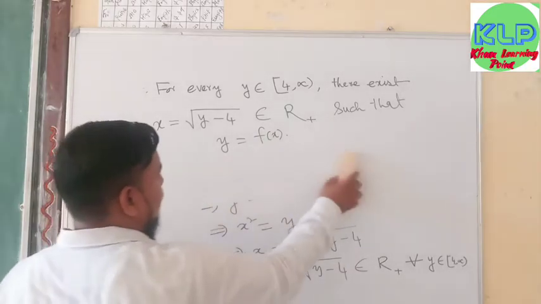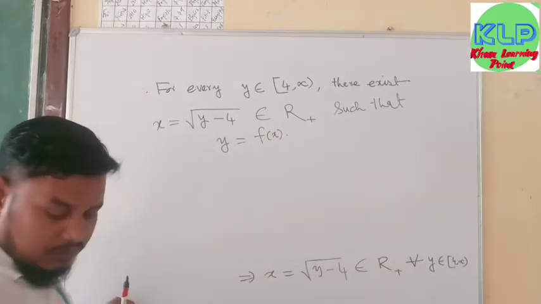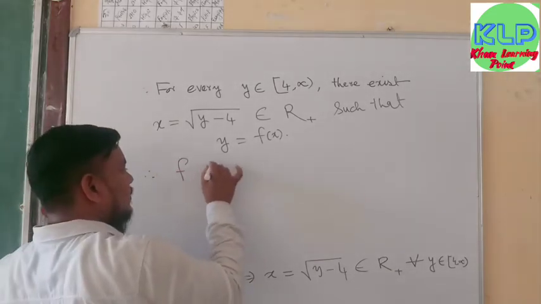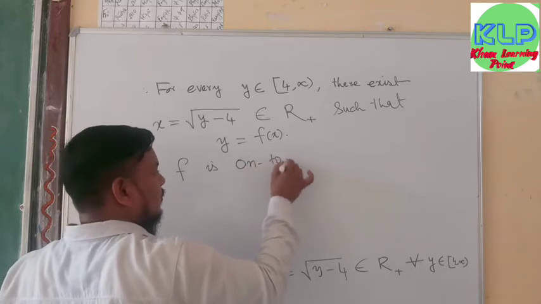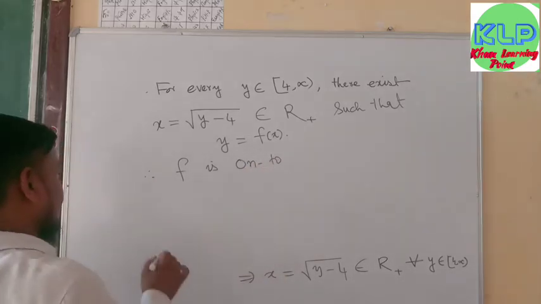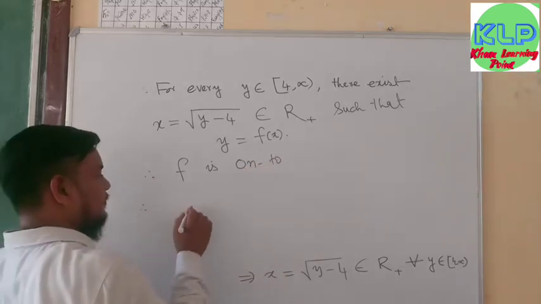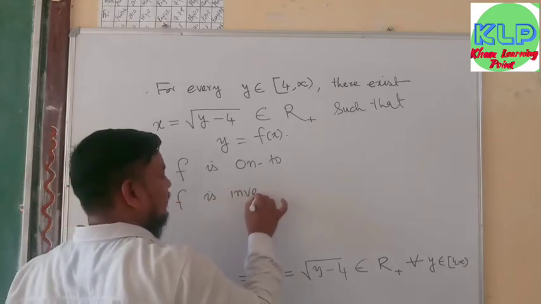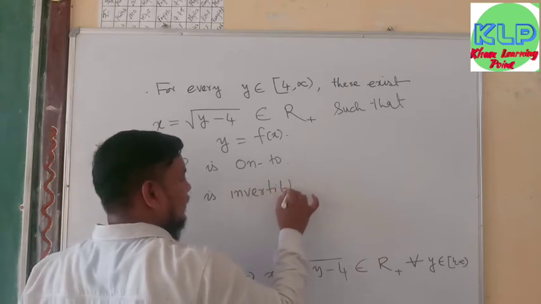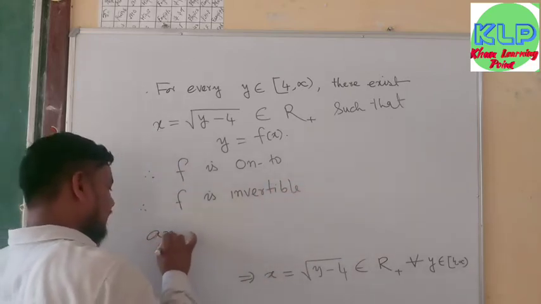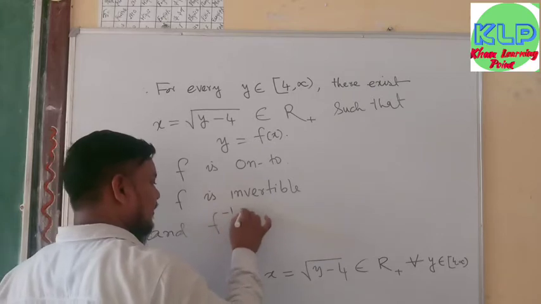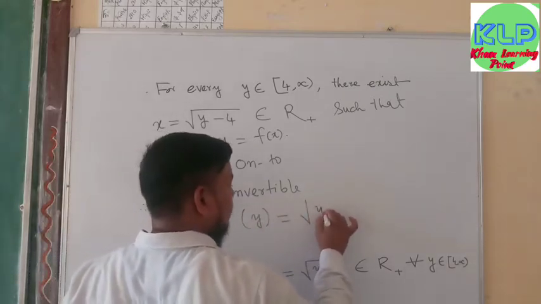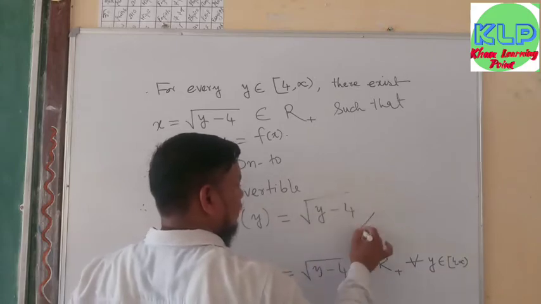Therefore, f is onto. Hence, f is invertible, and f inverse y is equal to root over y minus 4.